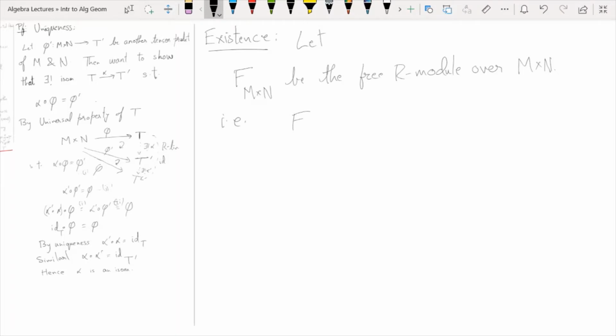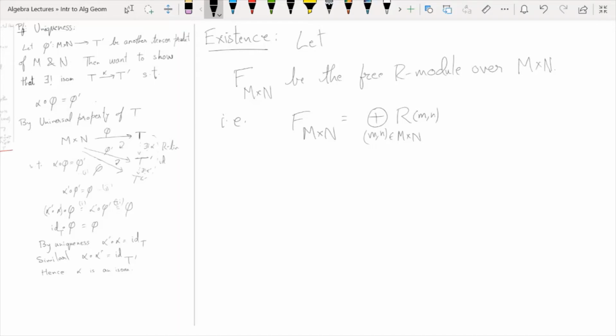If you like, F(M cross N) is the direct sum of R, taken over all elements of M cross N. And just to distinguish which copy of R you are taking, maybe we'll write R times (M, N). This is what the free module over M cross N means.